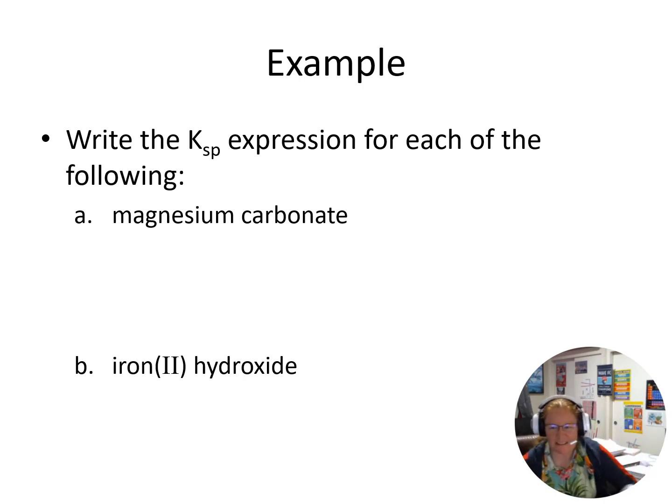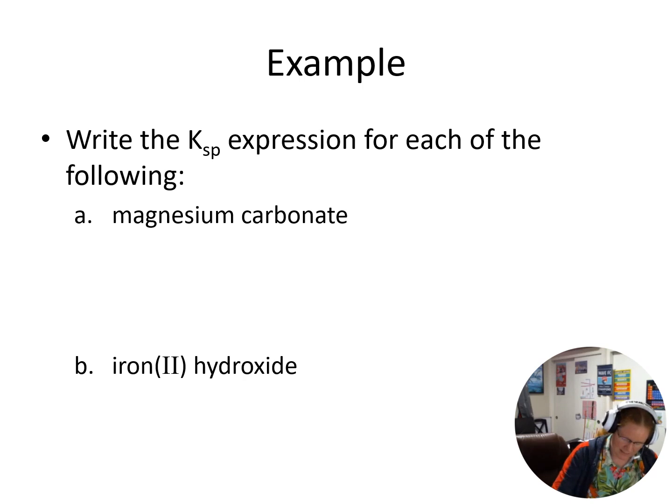So first we're going to write the dissociation equation and then we'll try a Ksp expression. So magnesium carbonate. Okay, so I have solid magnesium carbonate. It will dissolve into magnesium ions plus carbonate ions.